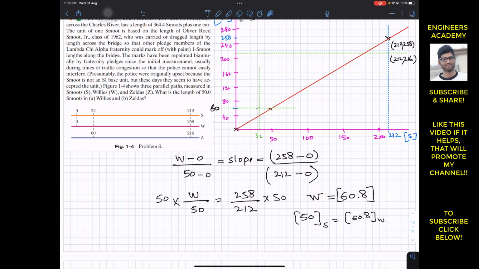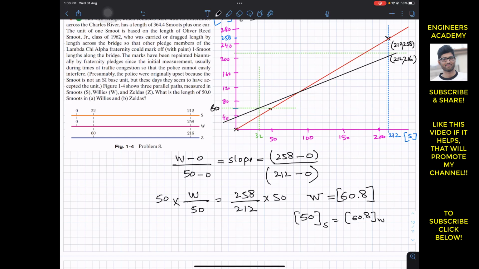Now let's join this point and this point. This will give us the straight line for Zillies against the Smoots. So I will join this point with this point, and this line will intersect the y-axis at some point.